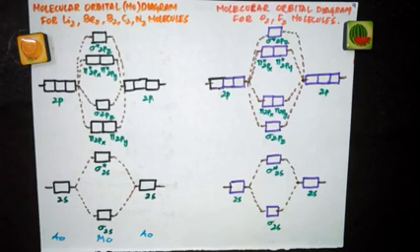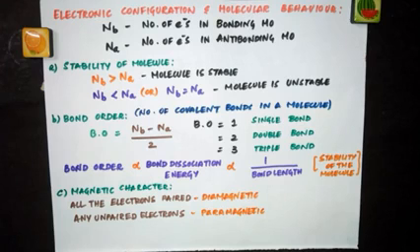Before moving on to examples, we'll see the connection between the electronic configurations and the molecular behavior. When we say electronic configuration of the molecule, it is the distribution of electrons among various molecular orbitals. When we say electronic configuration of the atom, we mean the distribution of electrons among various atomic orbitals.